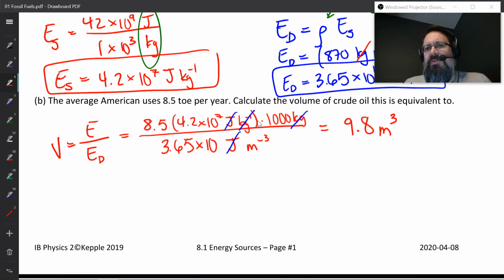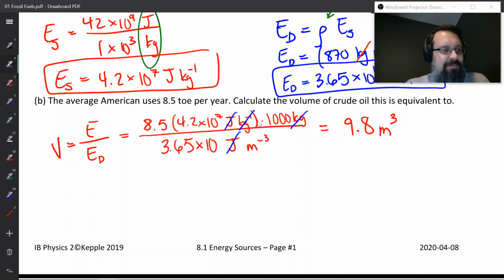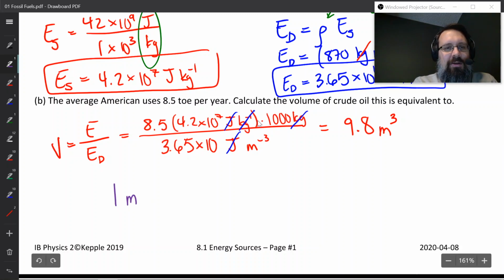We usually don't use cubic meters to measure the volume of a liquid like oil. We usually use liters or barrels. Maybe you've heard of barrels of oil before. So I thought it'd be fun to quickly convert that over to liters. 1 cubic meter is equal to 1,000 liters.